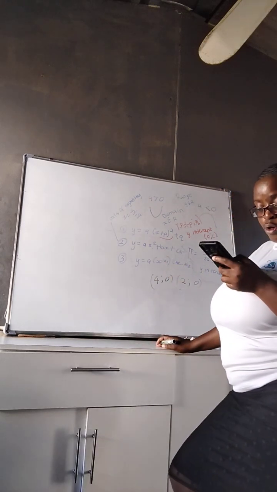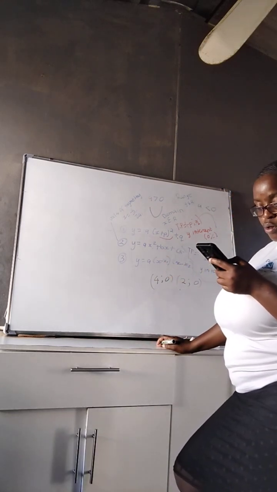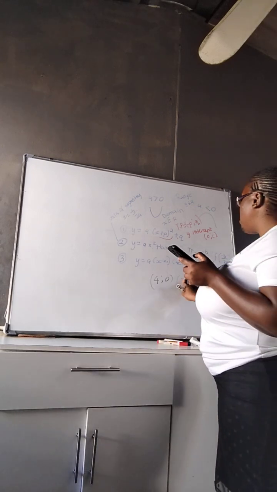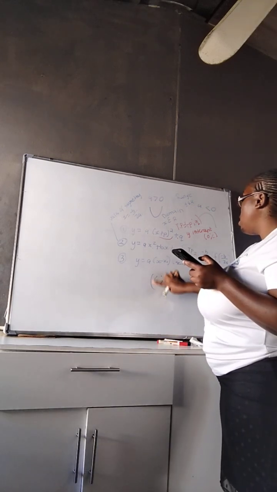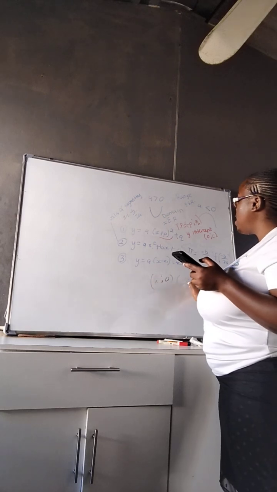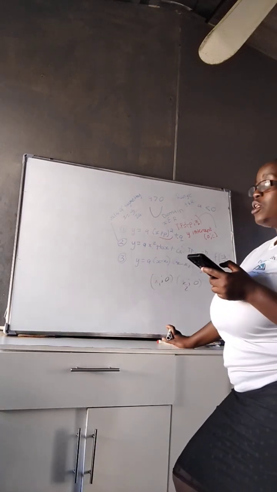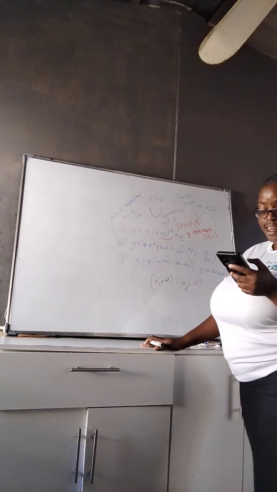So they want these values there, x2, they don't have. So you use the quadratic formula to get the x-intercepts.